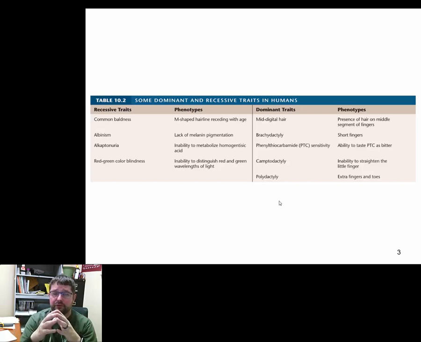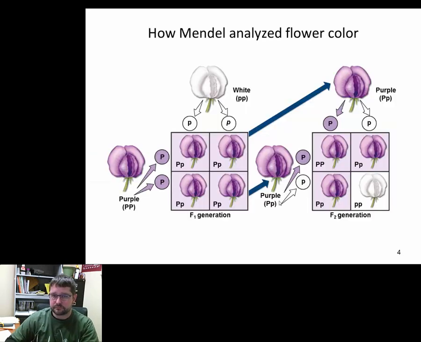What it has to do with is when you take the dominant gene and stick it with the recessive gene, the dominant gene's phenotype is going to show. For example, if white is recessive and purple is dominant, most pea plants that you ever see in your life are going to have white flowers.